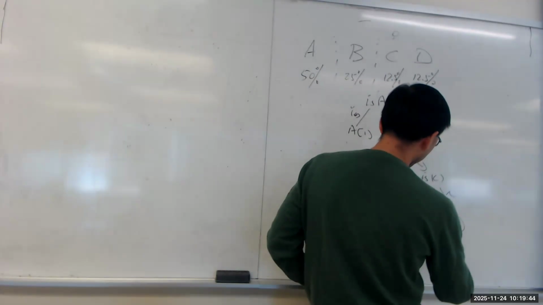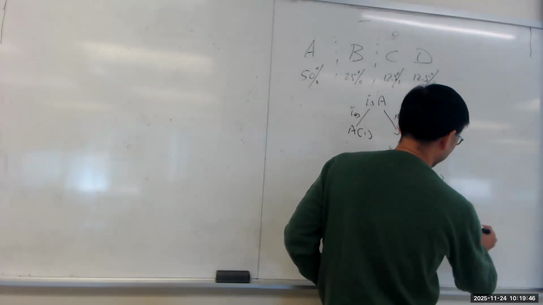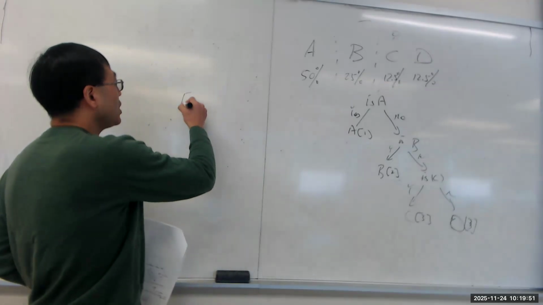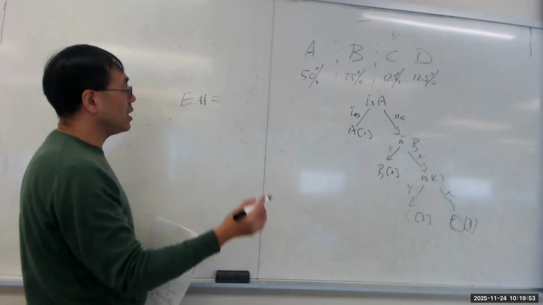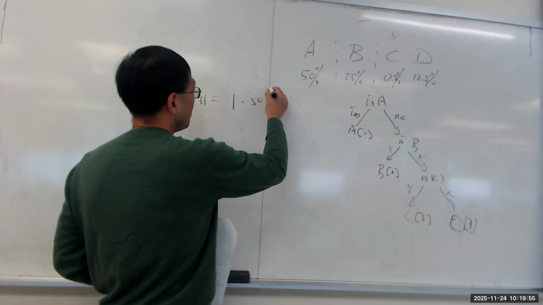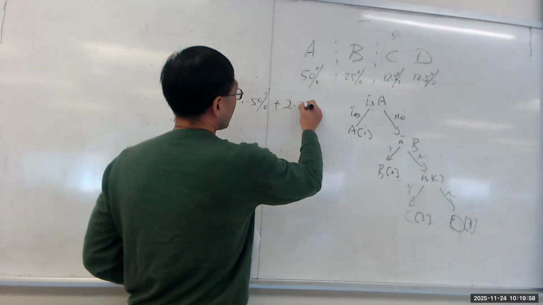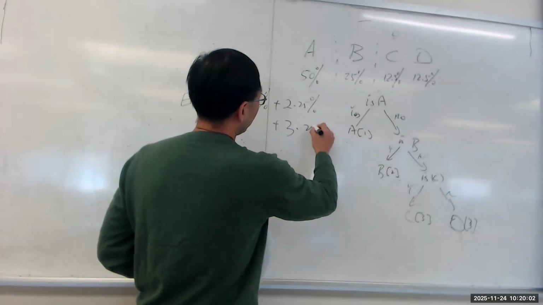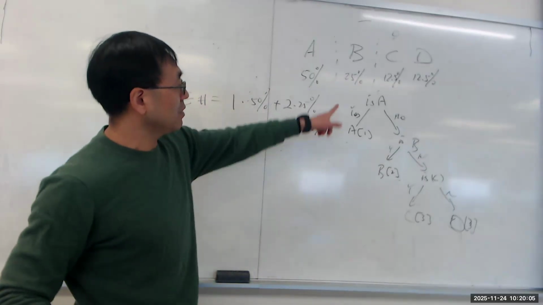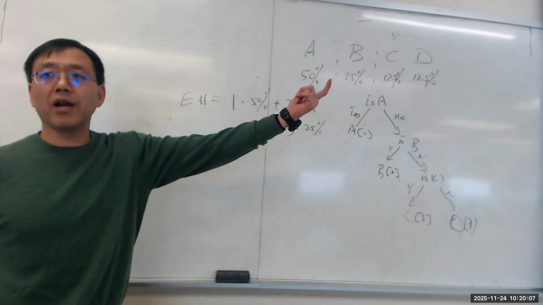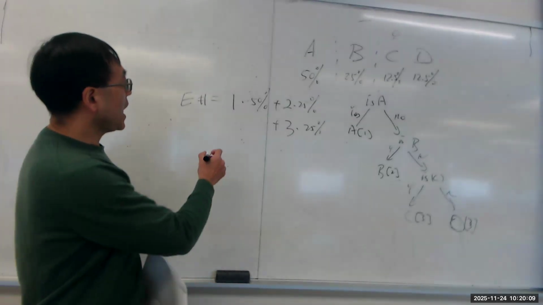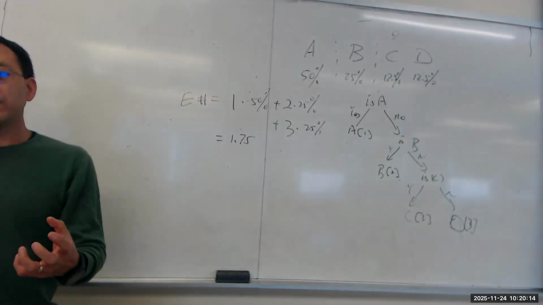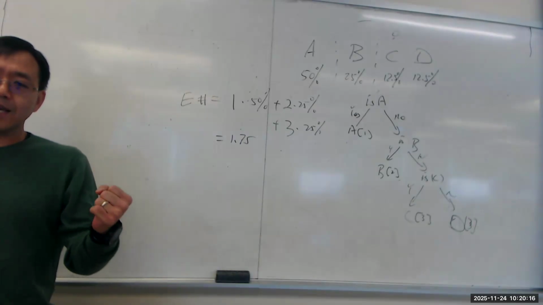For C and D, each one needs 3 guesses. So the expectation of the number of guesses should be 1 times 50% plus 2 times 25% plus 3 times another 25%, and this number is 1.75. So on average, you will need fewer guesses to guess the letters.